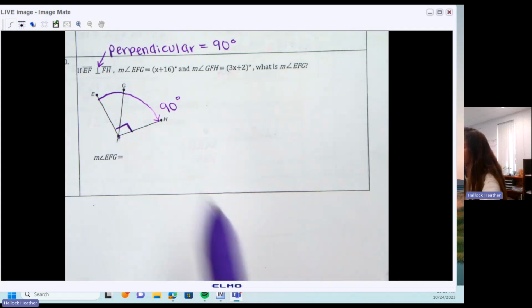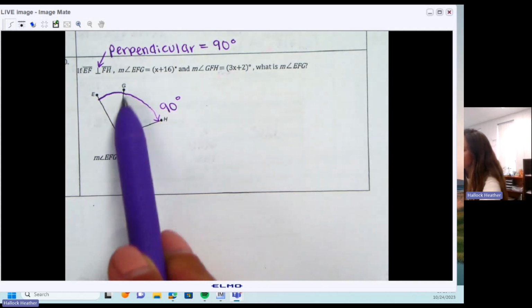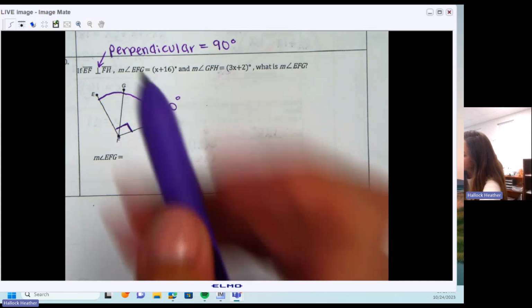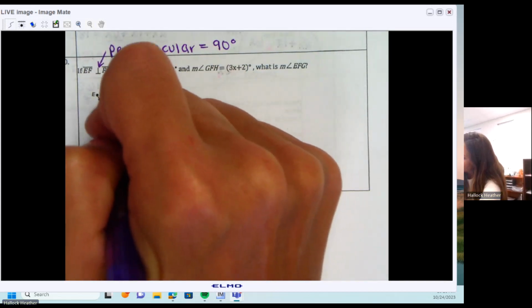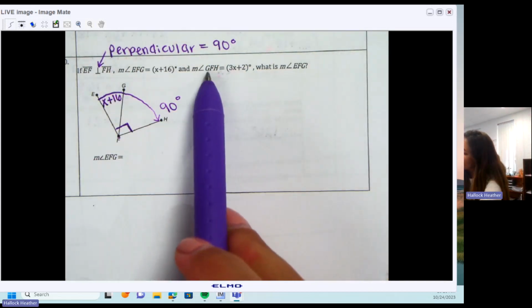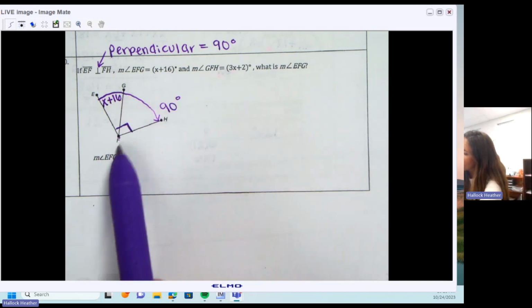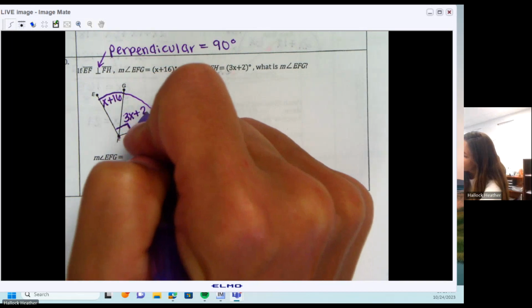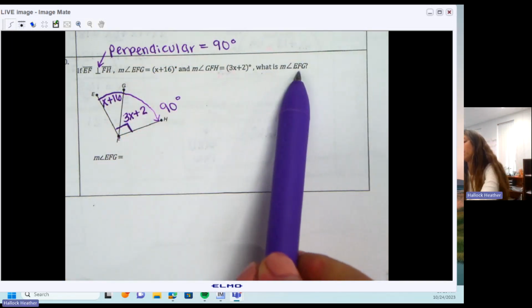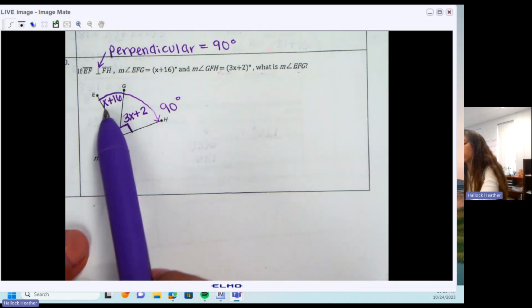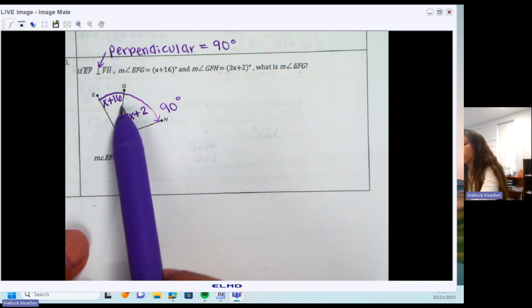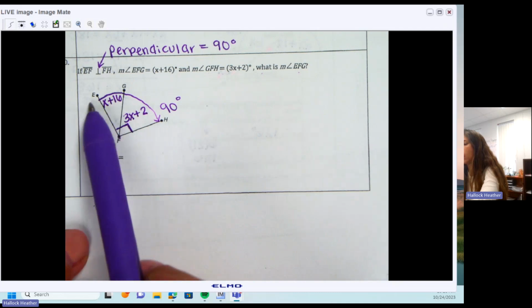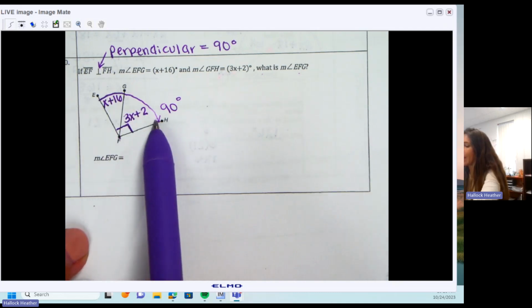And I know the measure of EFG is x plus 16. And GFH is 3x plus 2. We have to find the measure of EFG. So I'm using the angle addition postulate. I'm taking the smaller angle, adding it to the other smaller angle, equaling it to the outside, which is 90.